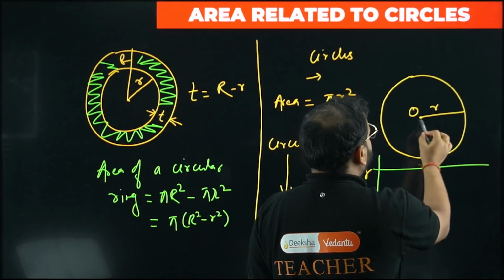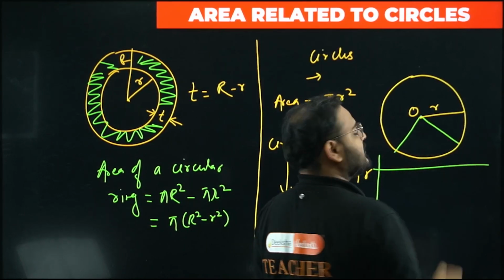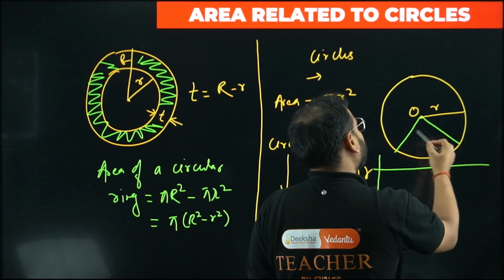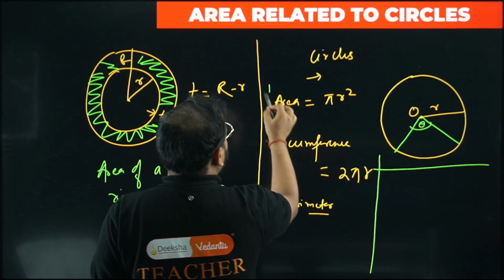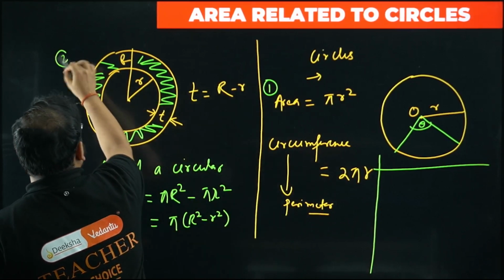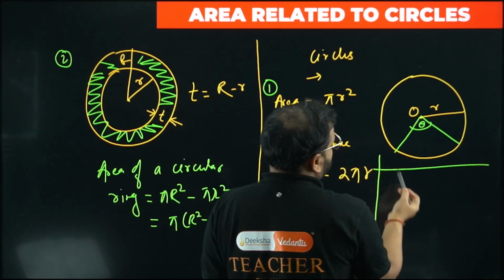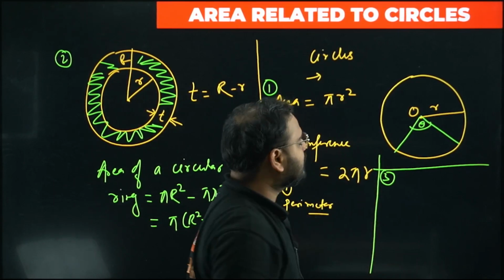In the same circle, if I draw two radii like this at an angle of theta, so this is concept number 1, concept number 2, and this is concept number 3, bacha. Please check this out. This is the sector.